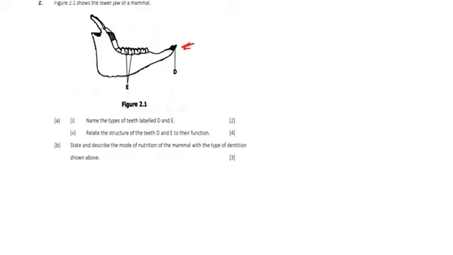So the one that is at the end, please. These are what? These are molars. Then we have these at the first part here. These are what? Incisors. Okay, so D, incisors, then E, molars.